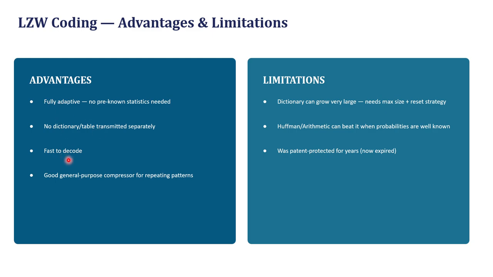It is fast to decode and it is a good general-purpose compressor. However, the dictionary can grow very large. And sometimes if probabilities are well known, then Huffman and arithmetic coding are also very good techniques.